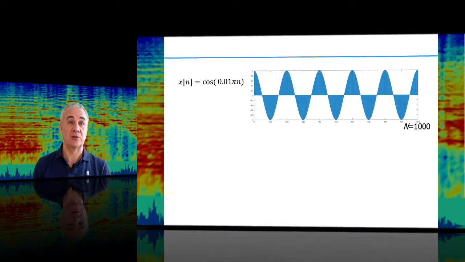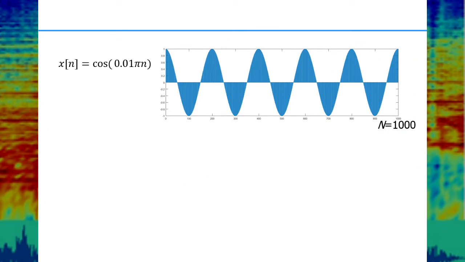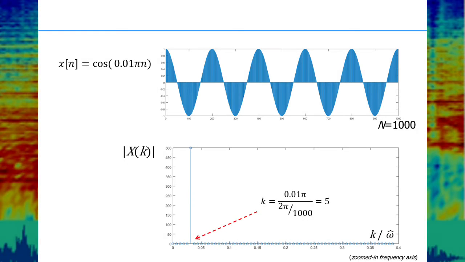A second consequence of the circular extension of signals has to do with an effect known as spectral leakage. Consider this harmonic signal, cosine of pi over 100 times n, over 1000 samples. As this is a pure cosine, the DFT amplitude spectrum we would expect has a non-zero value at digital frequency pi over 100, or k is 5 in the DFT.